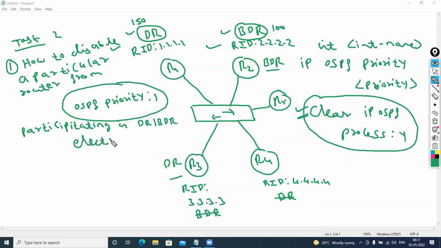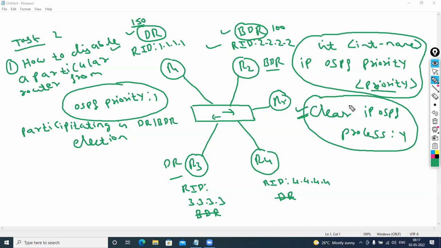So these are the 2 tasks. First task is you have to make R1 the DR and R2 the BDR. Don't change the router ID. The router ID remains the same. Please play with the priority. The command to change the priority is: interface name, ip ospf priority, and then the priority value. Clear?